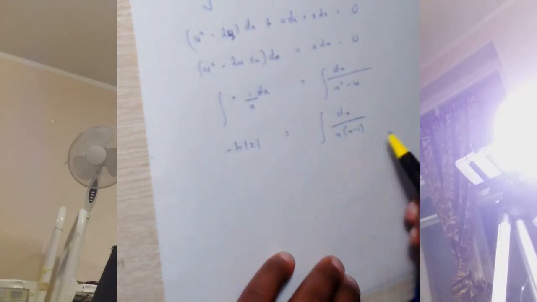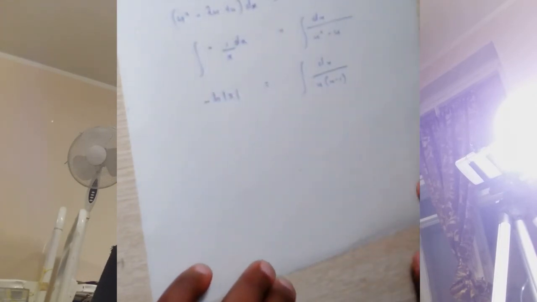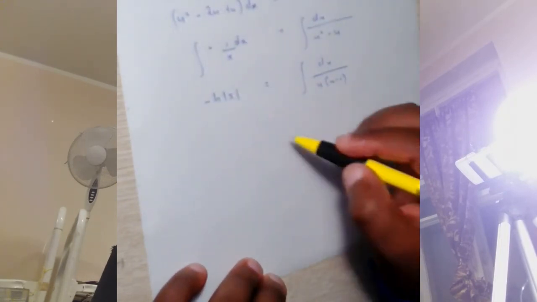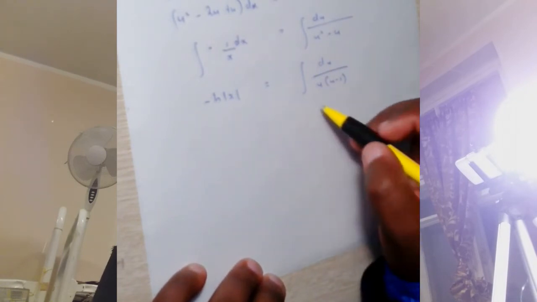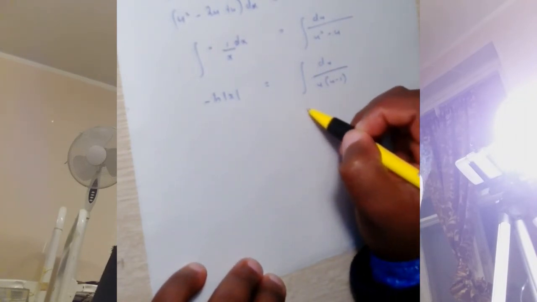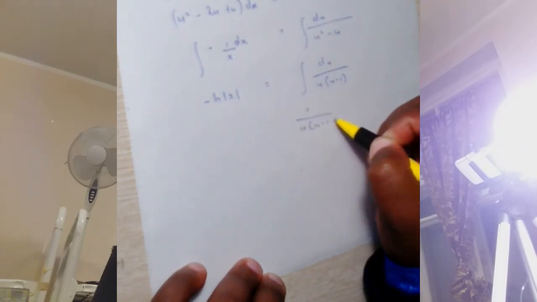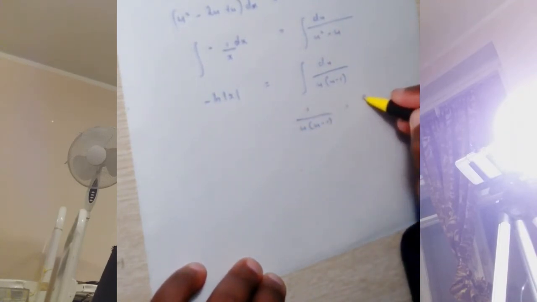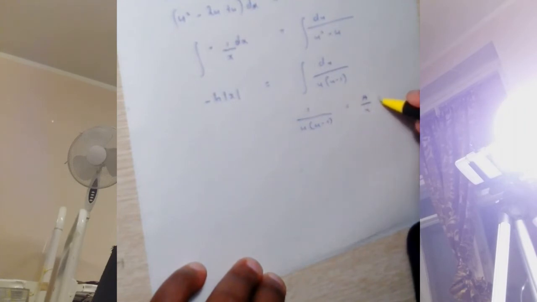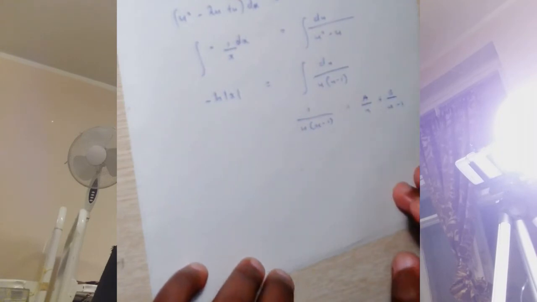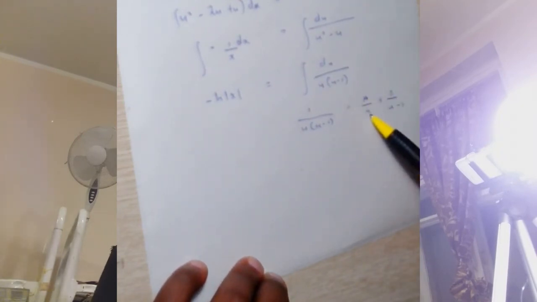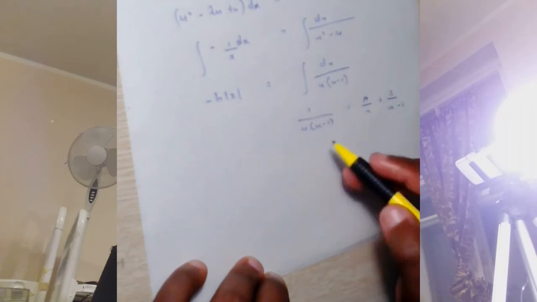u minus 1. And once I have the integral of this kind, I can partialize my fraction. Here is how I do my partialization, and I'll have 1 over u(u minus 1) is equal to a over u plus b over u minus 1. Let me write this right side as a combined fraction.